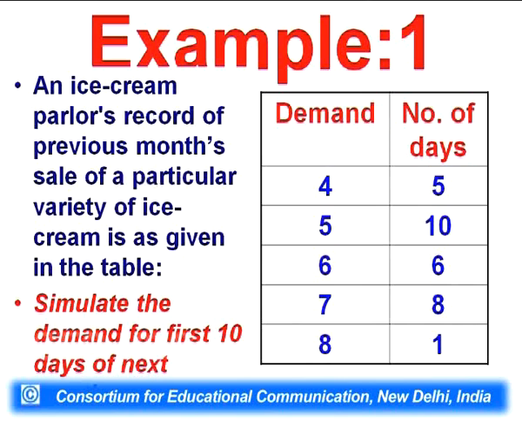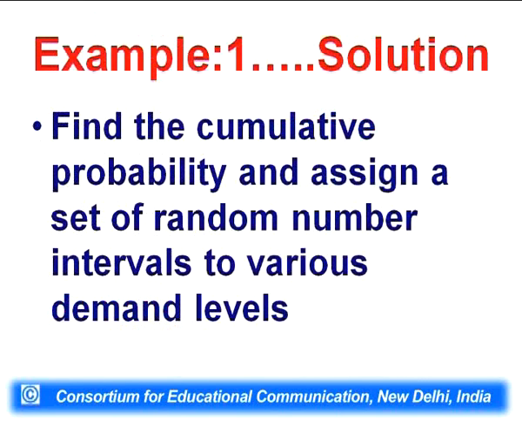Past data is available, and we are going to use the Monte Carlo method of simulation, which uses random numbers and probability. The solution starts with finding the cumulative probability and assigning a set of random number intervals to various demand levels.